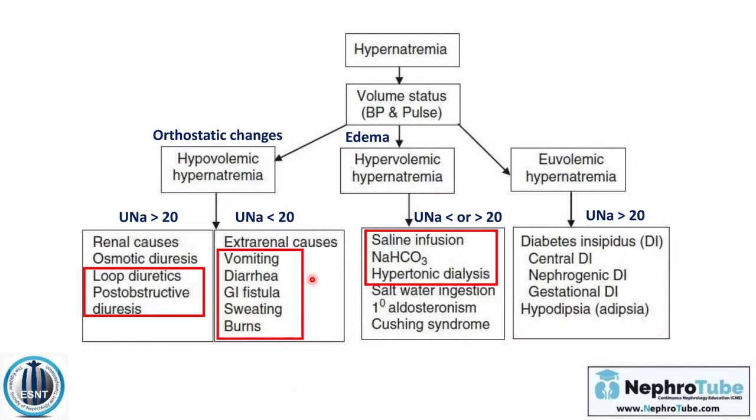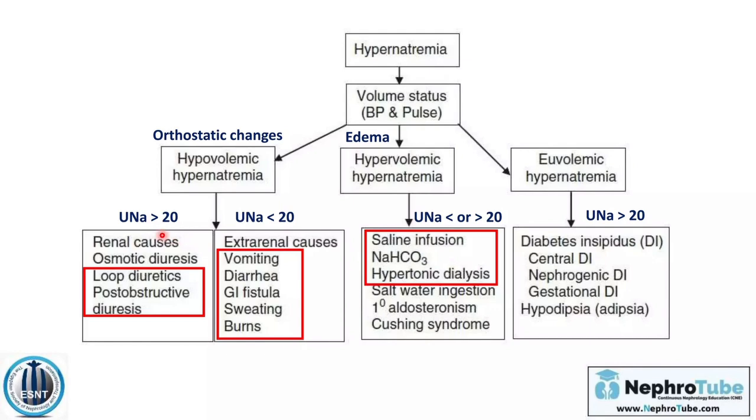So sodium excretion of the kidney will be less than 20. But if it is because of kidney causes only, like diabetes insipidus, osmotic diuresis, or a diuretic given to the patient, the kidney will not be able to absorb that much sodium, so the excretion of sodium in the urine will be more.